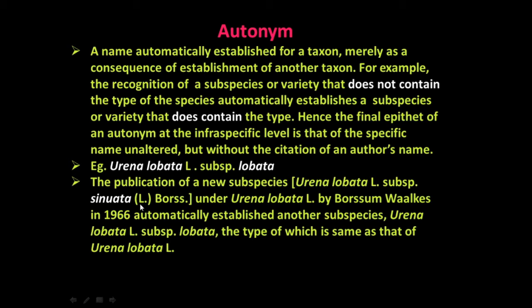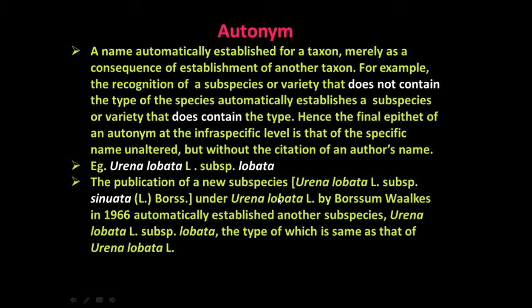When an infraspecific taxon at the level of subspecies is established under the species Urina lobata, another subspecies is automatically established, and that is Urina lobata L. subspecies lobata, and that is the autonym.